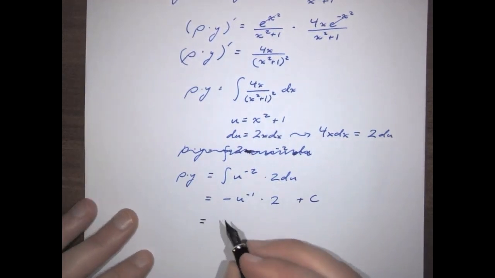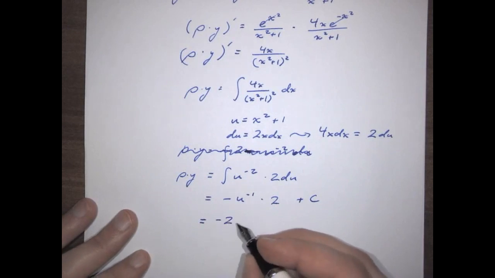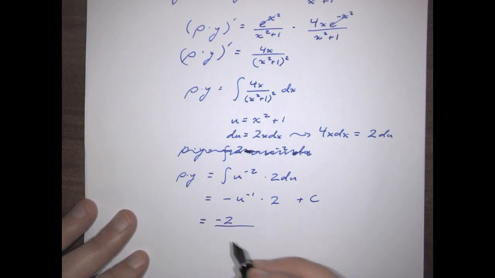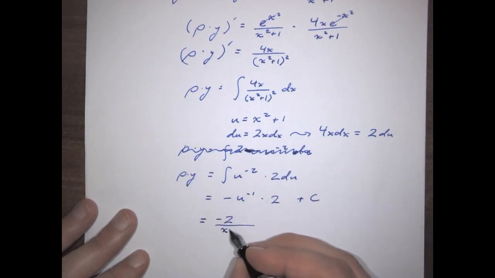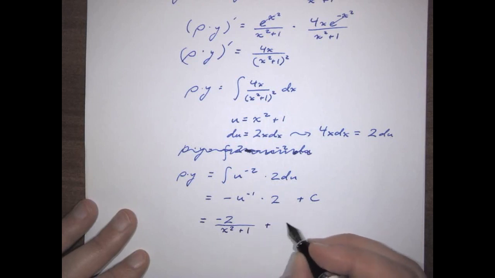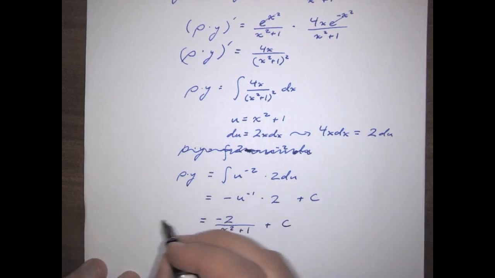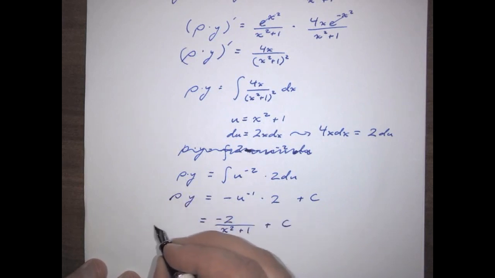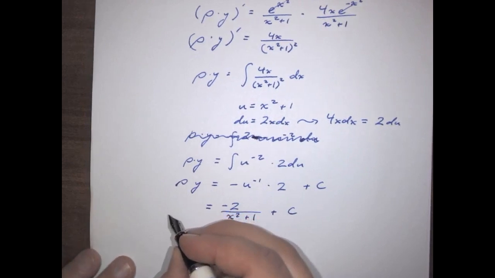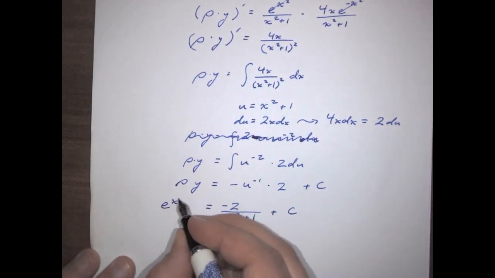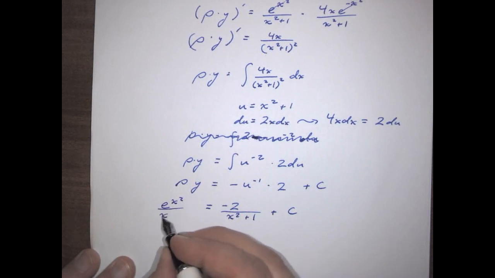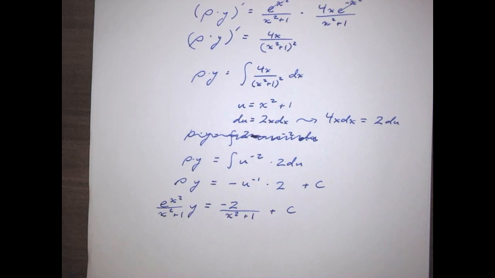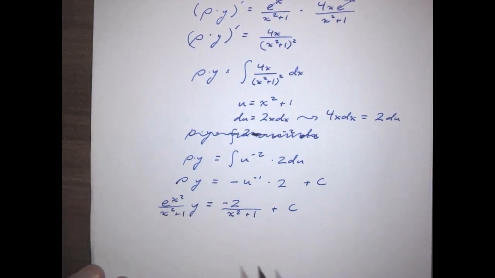And so this is going to equal negative 2 over, and then the u here is going to be x squared plus 1. And this is rho y. But now I guess it's a good time to remind ourselves what the rho was. It was e to the x squared over x squared plus 1 times y. And so we'll multiply both sides by the reciprocal of this.